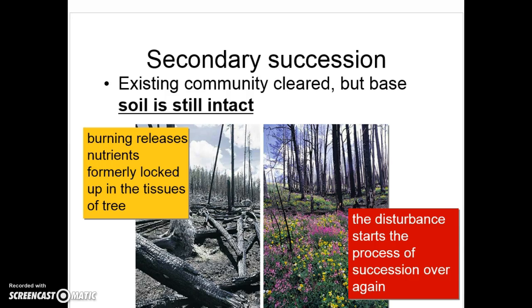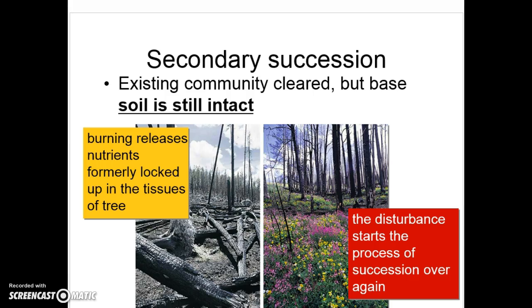If the soil hasn't been removed, but the community has still been cleared out, for example, with a forest fire, but the soil is still intact, we have secondary succession. So the burning in a forest fire actually releases nutrients that were formerly locked up in the tissues of trees.